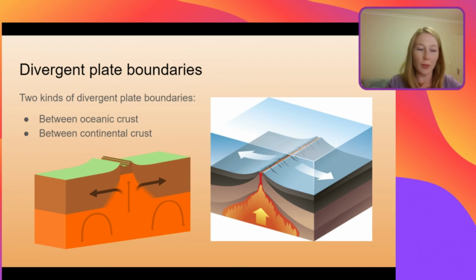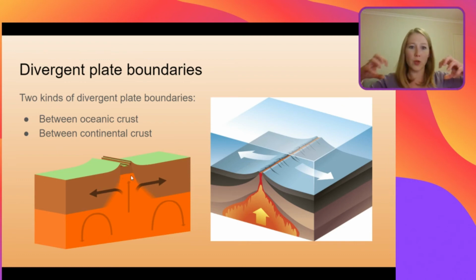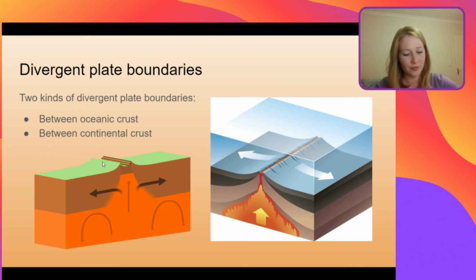Basically, what happens is the crust moves apart, and it leaves a gap for this magma to come through, and it starts bubbling through, and it forms rock over there. Then over here, where you have continental crust diverge, you tend to have these rifts. So the crust pulls away, and it's almost like the remaining rock has no support, so it slumps down, and it creates these rift valleys.